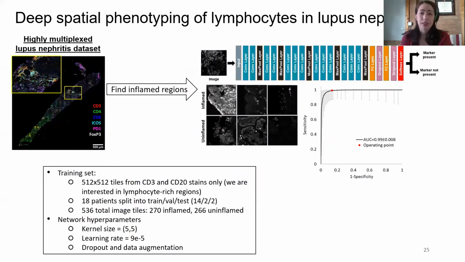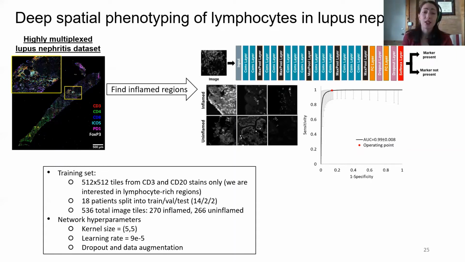Our first step in analyzing these images, after pre-processing, all the stitching and alignment of these highly multiplexed images, is to find these inflamed regions. We want to minimize the computational effort put into the instance segmentation, as that's a pretty computationally heavy task. We built a data set of 512 by 512 tiles after breaking up these large images.